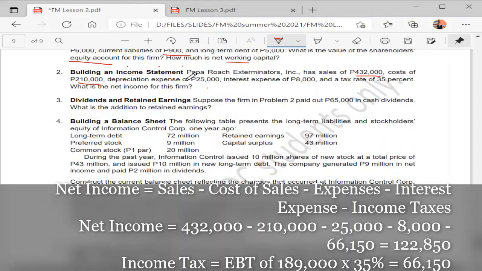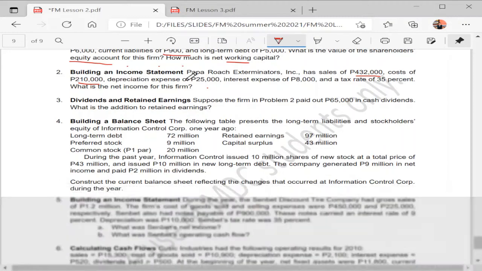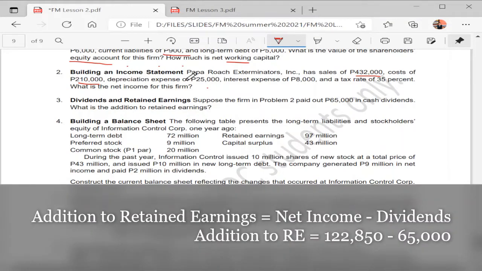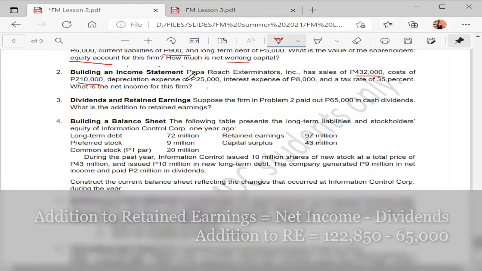So we can actually shorten the process if we answer questions like this, because if it's financial accounting or intermediate accounting, it's necessary that we present it in good form, like the preparation of the income statement or statement of financial position, where the forms must be correct. So again, the answer for this one is 122,850.